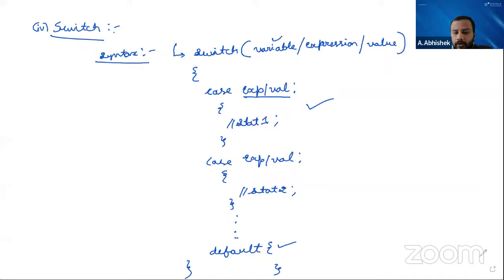Now let us see with one example. For example, listen carefully. We have a switch. For this switch, I'll pass the value 2, assume.